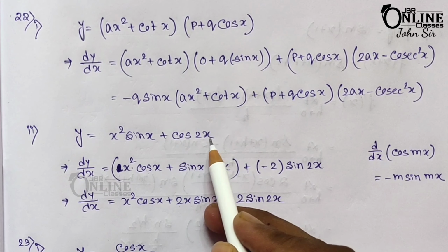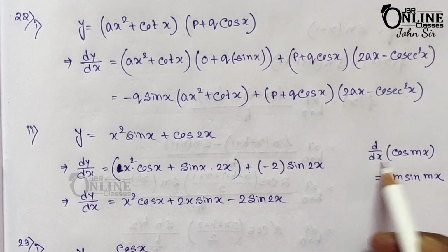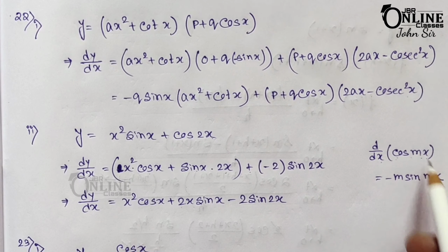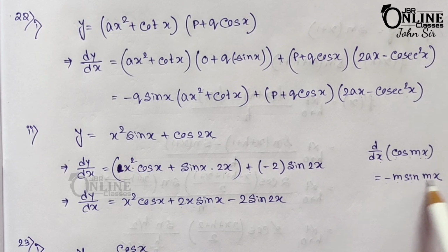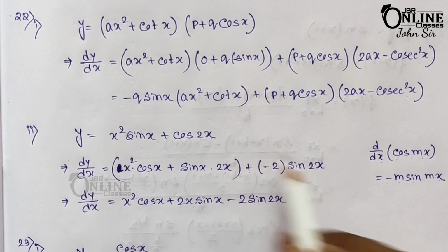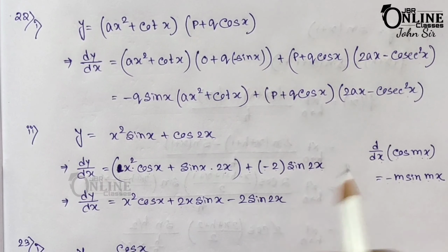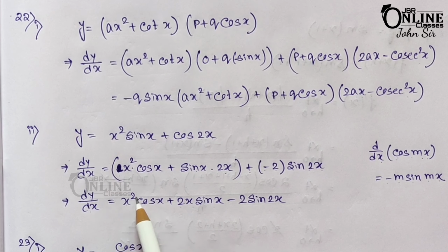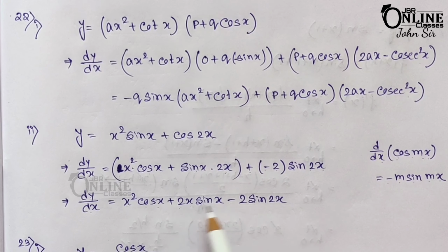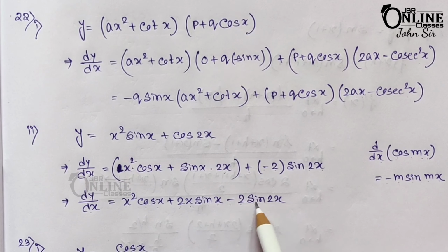So here cos 2x, as you know the derivative of cos mx, the formula will be minus m sin mx. So as here m means 2, so it will be minus 2 sin 2x. So dy dx equal to x square cos x plus 2x sin x minus 2 sin 2x.